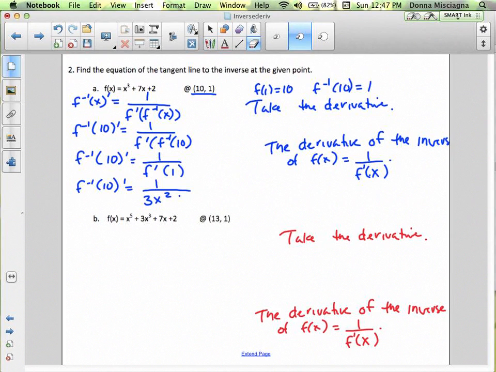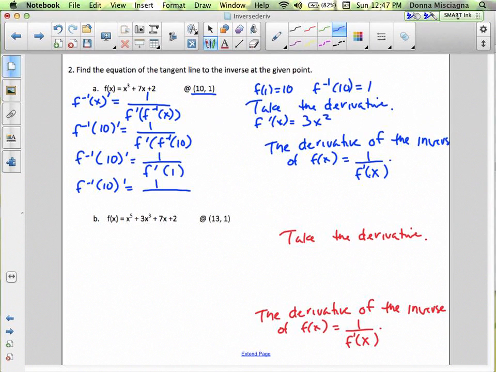I'm going to write it to the side so we can just plug in the 1 right here. So now I can just plug in 3 times 1 squared plus 7. So that's going to be 1/10. I think that would be 3 plus 7. All right, so that's the slope.